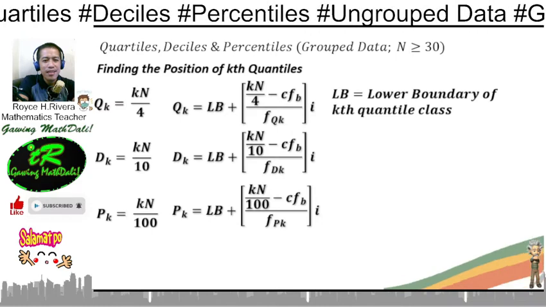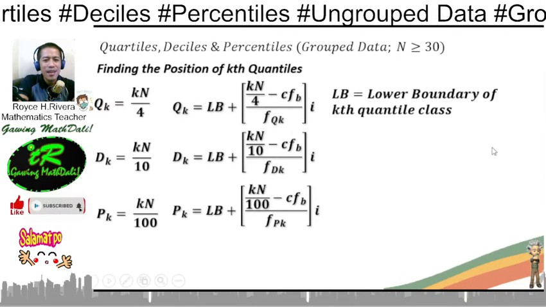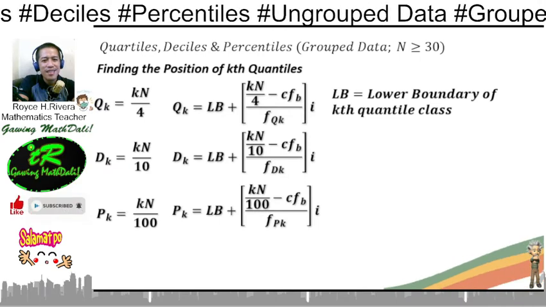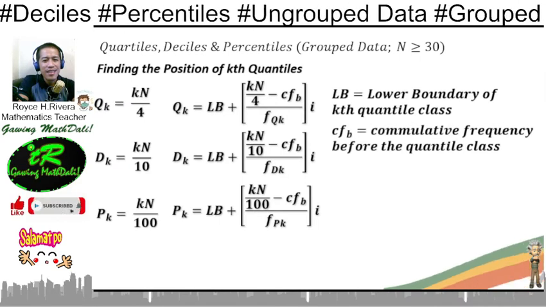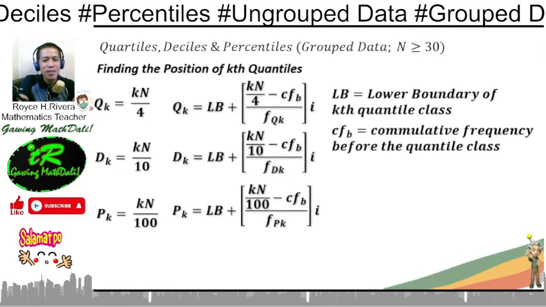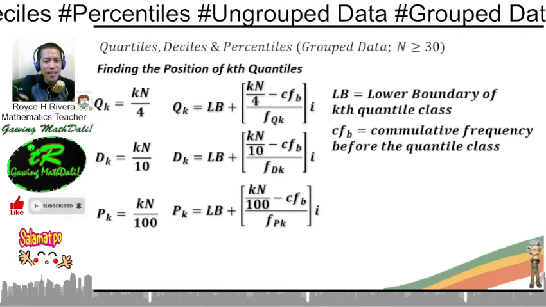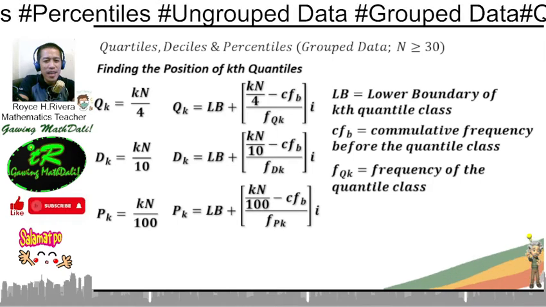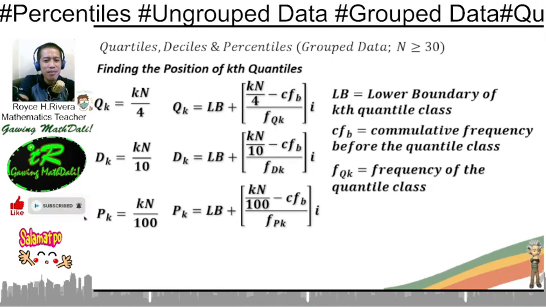LB is the lower boundary of the kth quantile class. CFB is the cumulative frequency before the quantile class. F of Qk is the frequency of the quantile class.